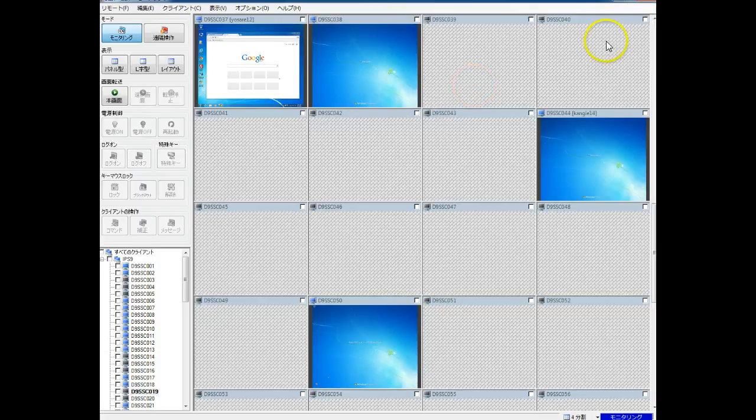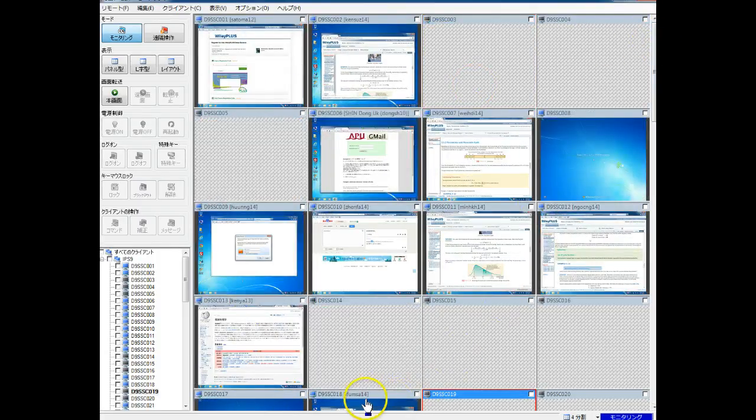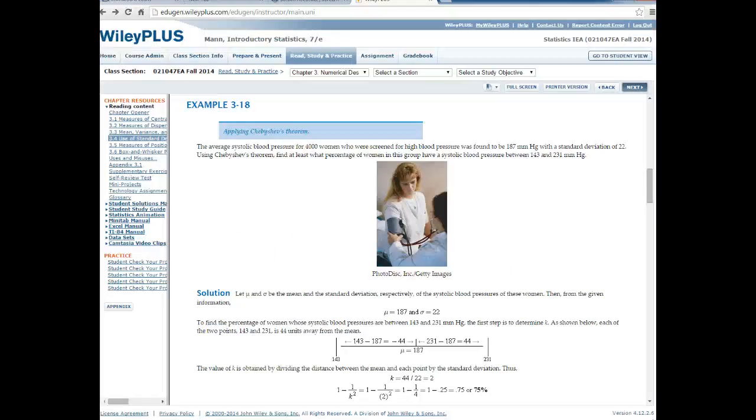The mean is 187, and the standard deviation is 22. So if you go 1 standard deviation above 187, you get to 199, 209, right? So 1 standard deviation above the mean is 209.